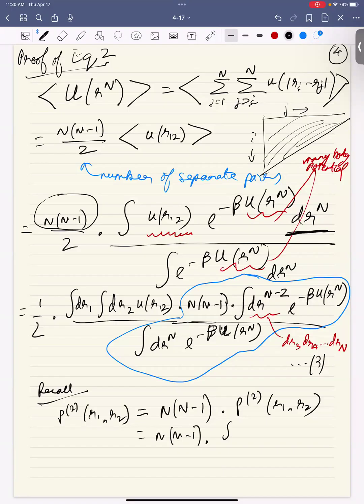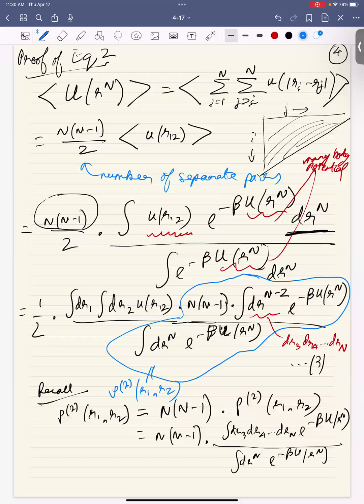P2 is integral of dr3, dr4, drn e to the power minus beta capital U of Rn divided by the full partition function, integral of drn e to the power minus beta U of Rn. So if you notice, the thing in blue is exactly rho 2 of R1 comma R2. It just popped out right there.